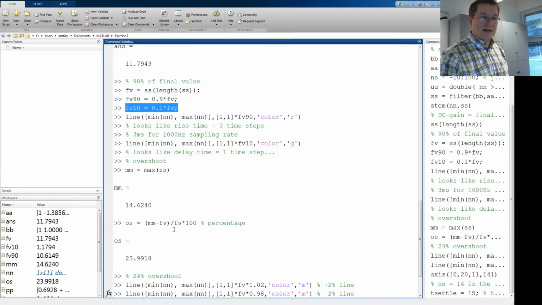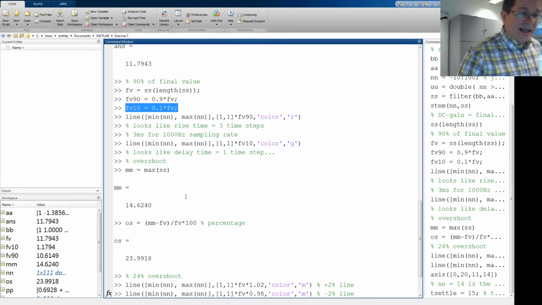All right, so overshoot is basically the percentage of how much the signal goes over this final value. That's the maximum signal, and percentage using the reference level is the DC gain.